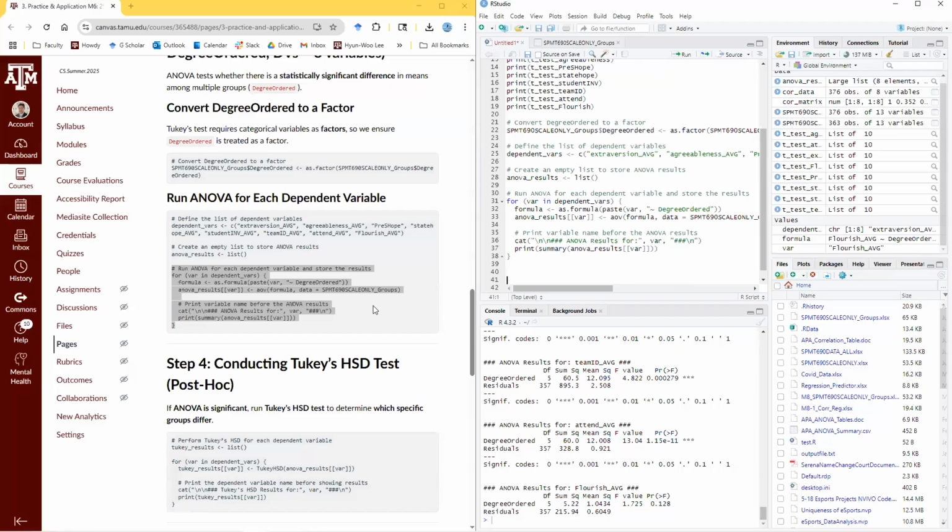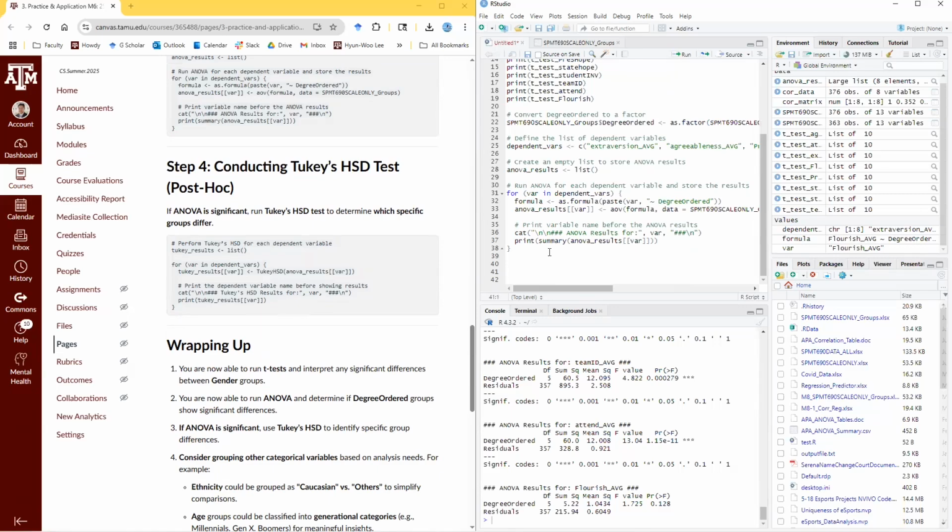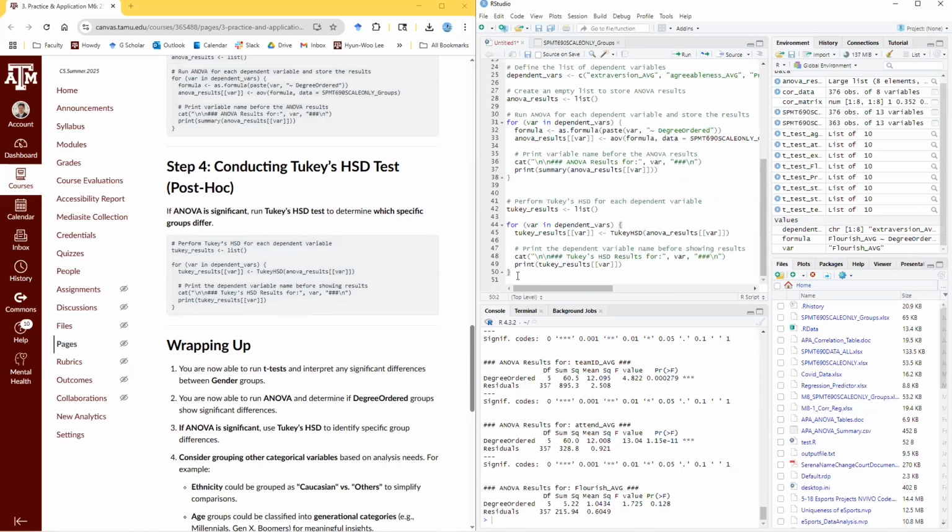But I told you that ANOVA only detects if there is a significant difference. It doesn't tell you where the difference is. So we're going to run a post hoc test. There's lots of different types of post hoc tests, but we'll just use the Tukey HSD test, which is a very generally used post hoc test. So for me to read this command to you, we're assigning what is a Tukey results, and Tukey HSD is R's command, and we're running the Tukey HSD for our ANOVA results designated here, right?